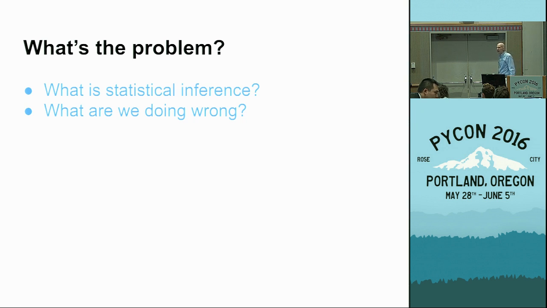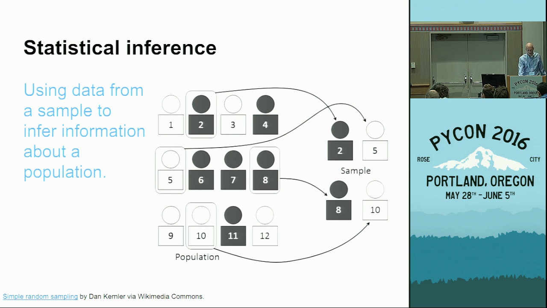So part of what I'm going to talk about today is, first of all, what is this? What is it supposed to be doing? What does statistical inference do when it works? And what is it that's gone wrong with the whole thing? The fundamental idea of all of it is that you have some population that you are interested in measuring. Sometimes it's literally a population, like a group of people, but often it's something else, animals or things or machines or abstract entities.